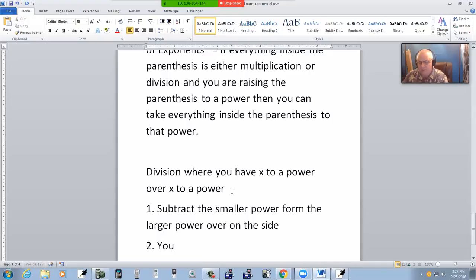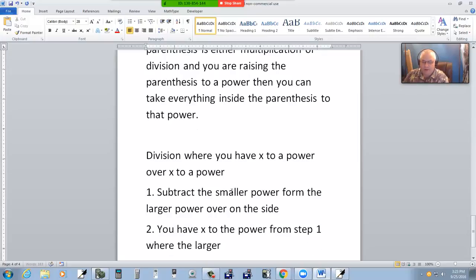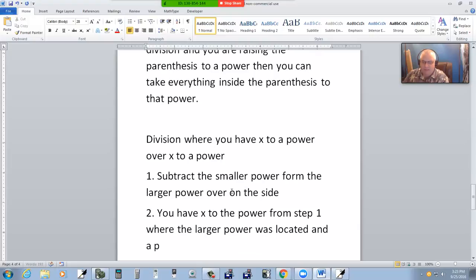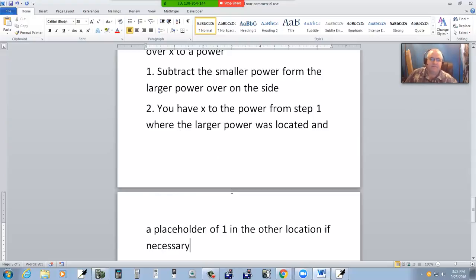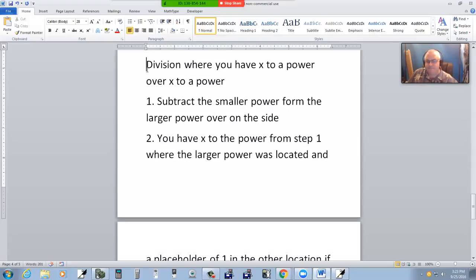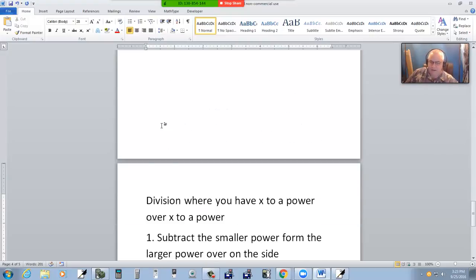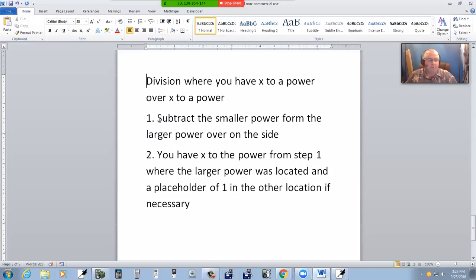Step 2, you have x to the power from step 1 where the larger power was located, and a placeholder of 1 in the other location if necessary. I'll show you the actual property after we get done working a problem with this.